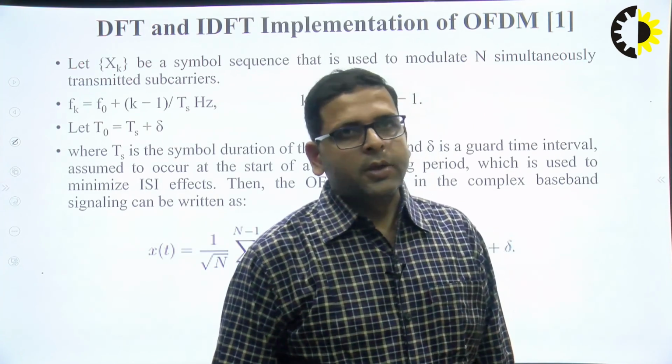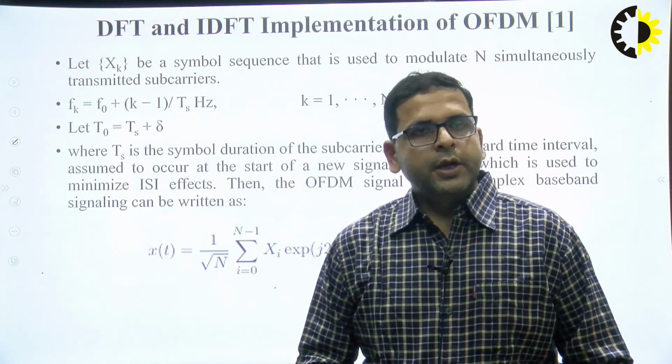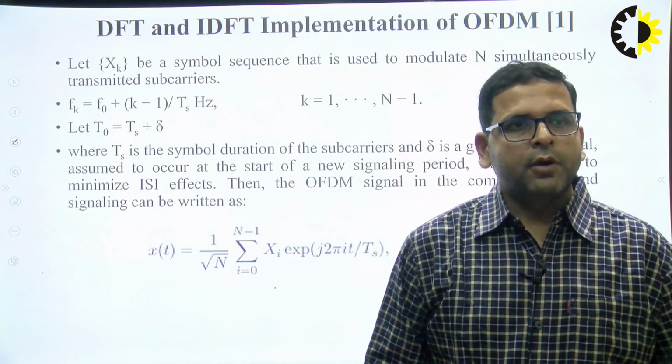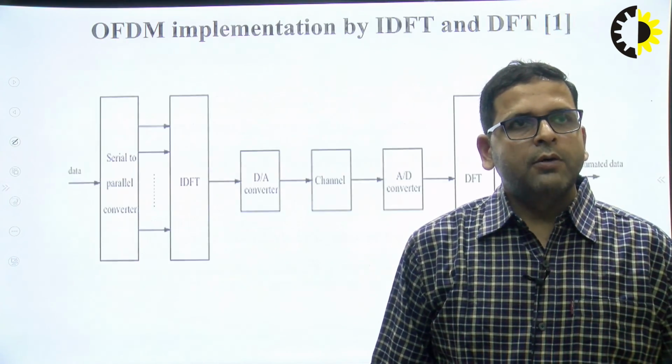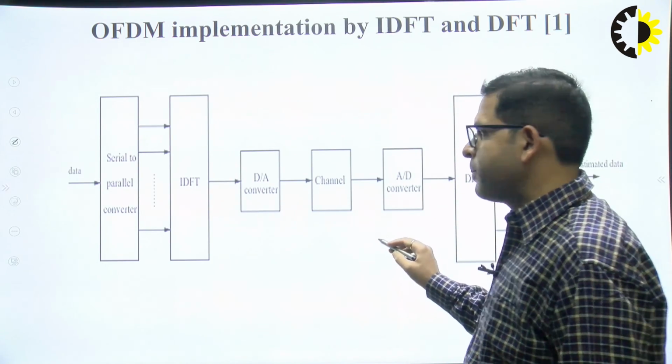To implement OFDM, we use the discrete Fourier transform and inverse discrete Fourier transform. The block diagram of this implementation is shown in this figure.